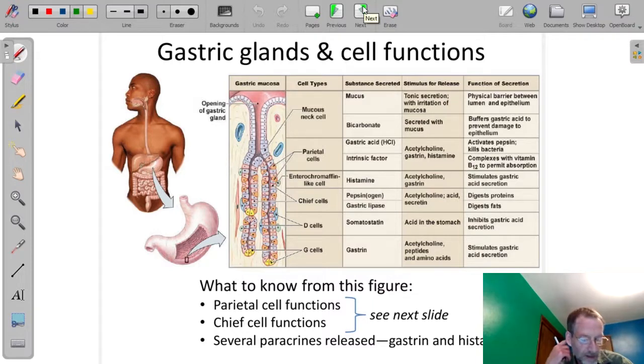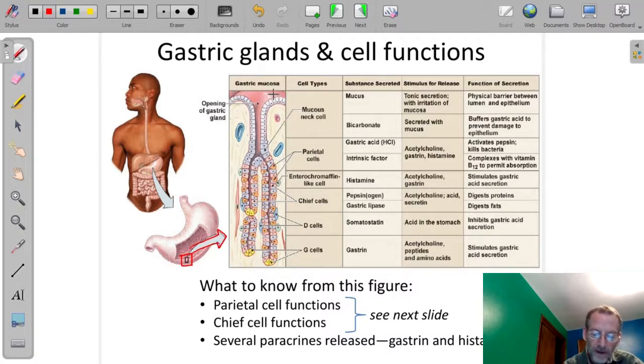On this slide, it's a little bit busy, but we're looking at different cell types of the stomach mucosa. The illustration shows a little section of the stomach wall cut and then enlarged in the diagram.